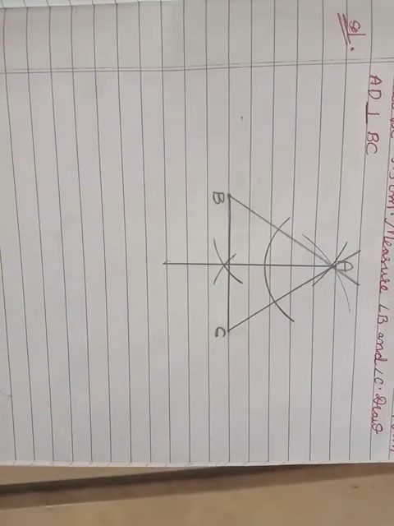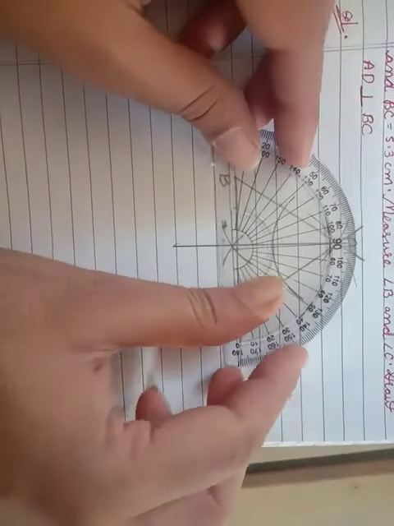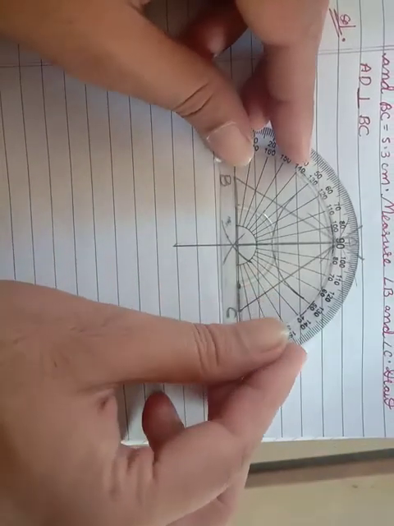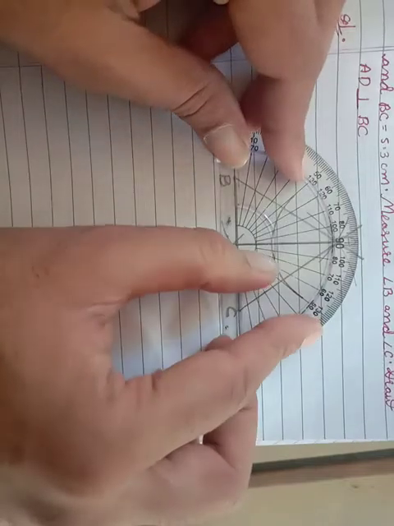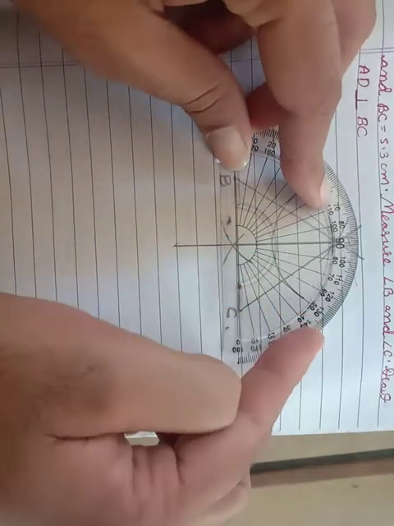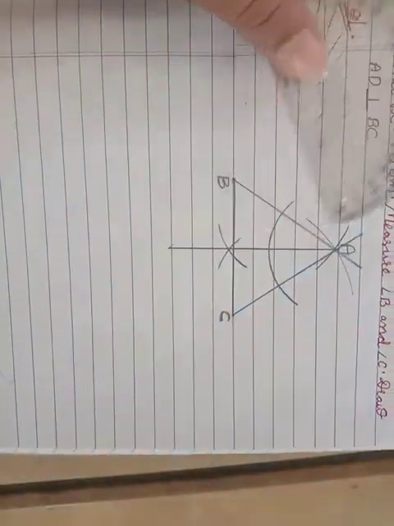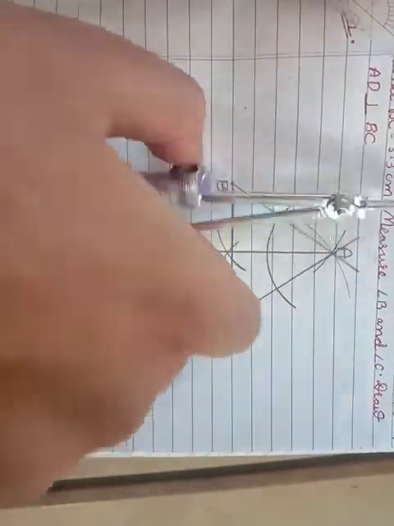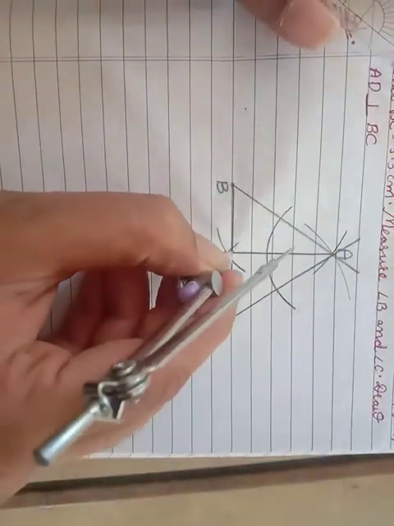We have to measure it through the compass. So let's see, it is exact 90 degree and perpendicular on BC. Now we have to give the name here D. Here is a point D.